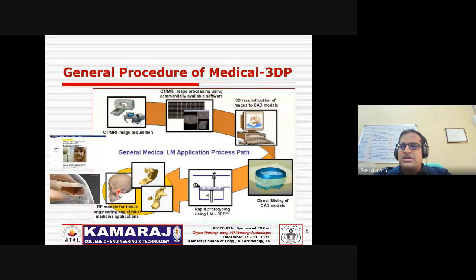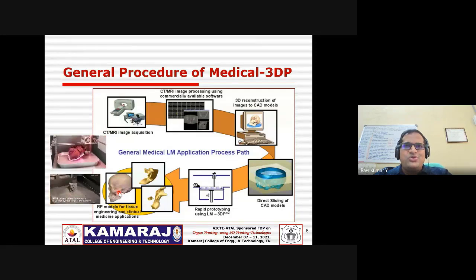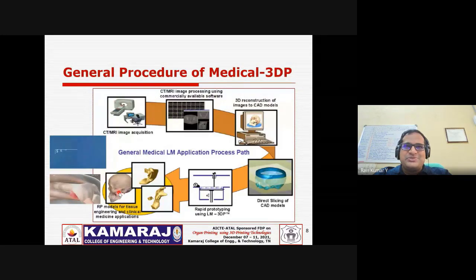And then once you have that, you have printed the organ, instead of a model as in the earlier case. But I'm not an expert in this, maybe other speakers have enlightened you about organ printing.